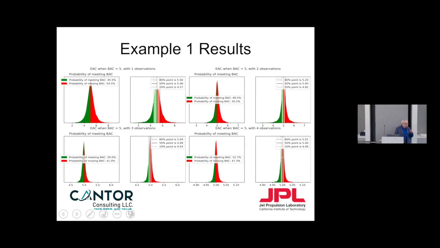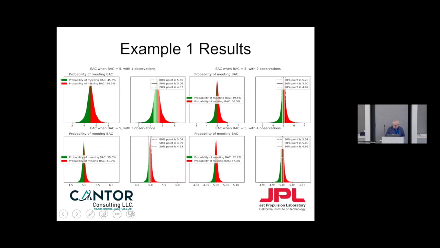In this example, the 80% point is at 5.01, the 50% point is at 5, which is what you would hope, and the 20% point is at 4.99. So while your probability of missing or not missing is about equal, you're not going to miss by much in this example, which is exactly the information you want to have.